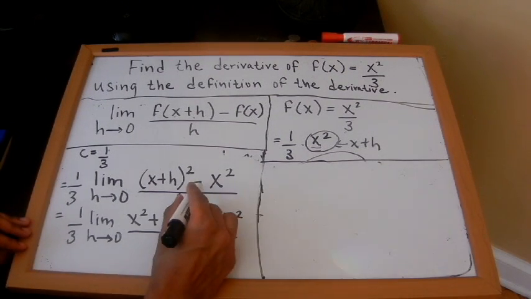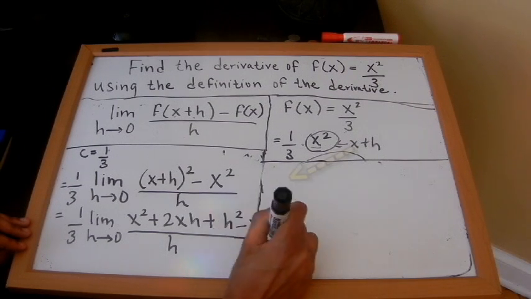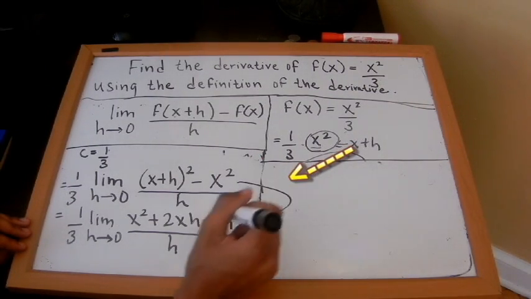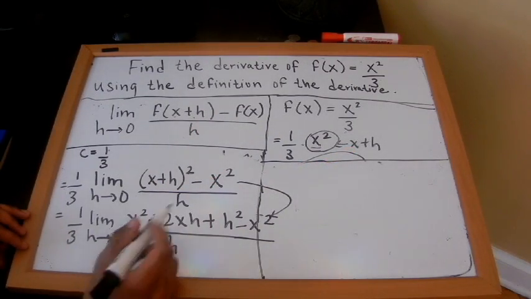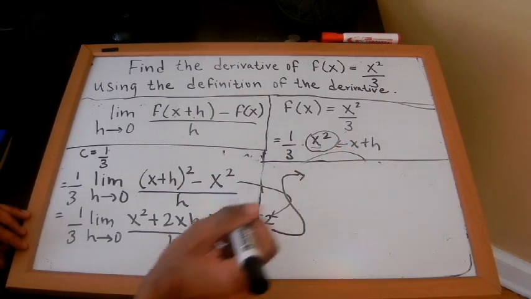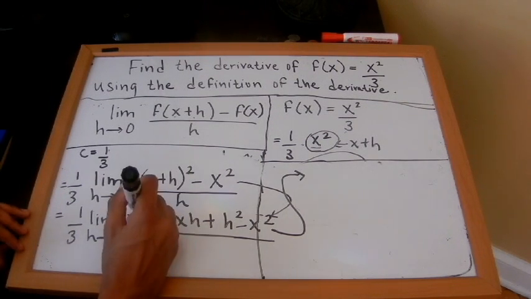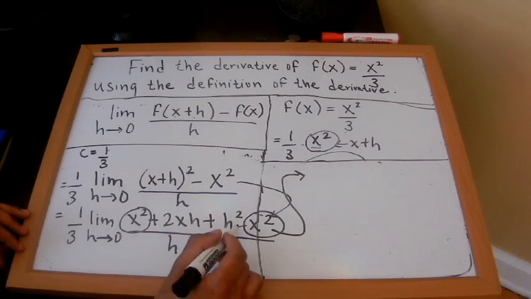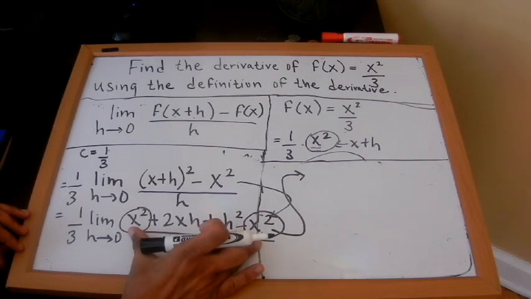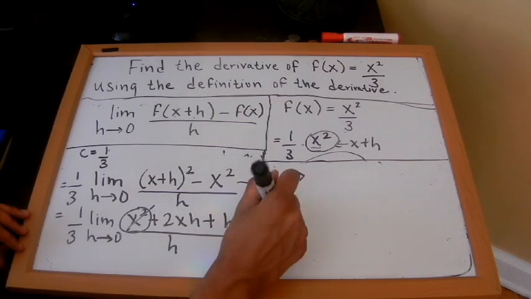And don't forget to subtract x squared. You always have to bring down your function f of x, which is x squared. So then we continue simplifying by combining our like terms. We have an x squared here and an x squared here. X squared minus x squared is 0, since they represent the same quantity and their difference is 0, so this cancels out.